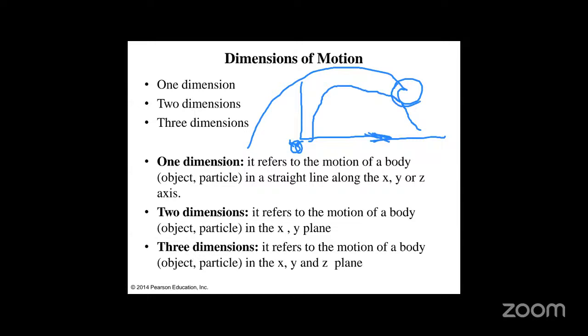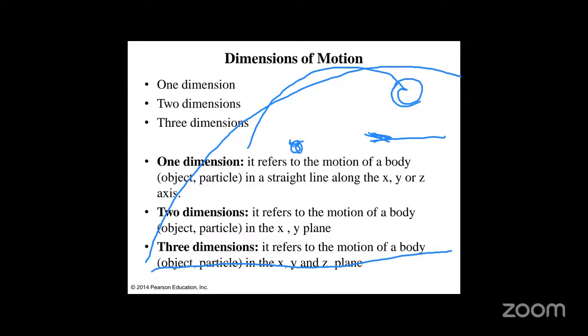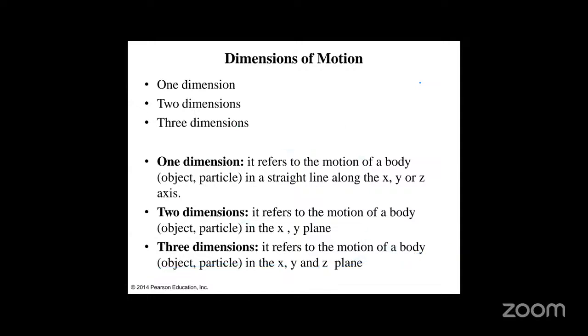Another example is when a football player or a goalkeeper passes a ball upward this way. This is a two-dimensional motion because the ball is going up vertically. At the same time, the ball is moving away horizontally. So that is an example of two-dimensional motion.